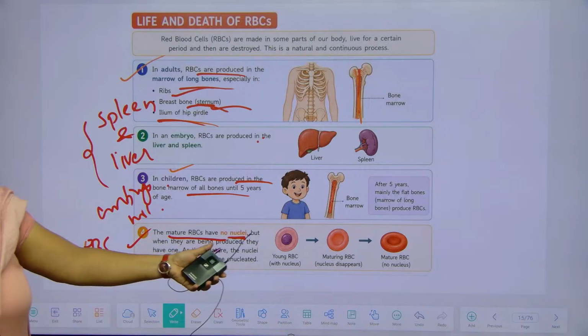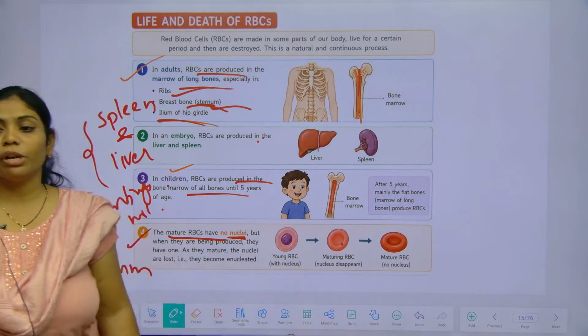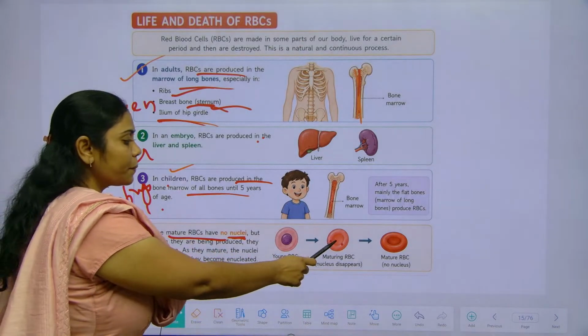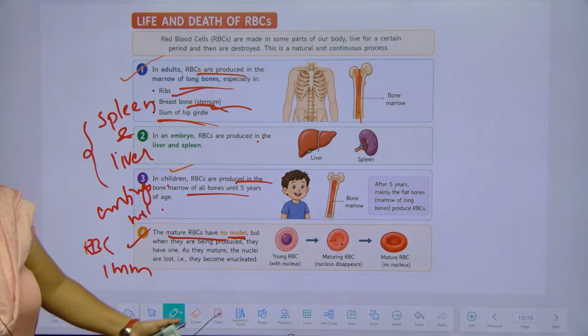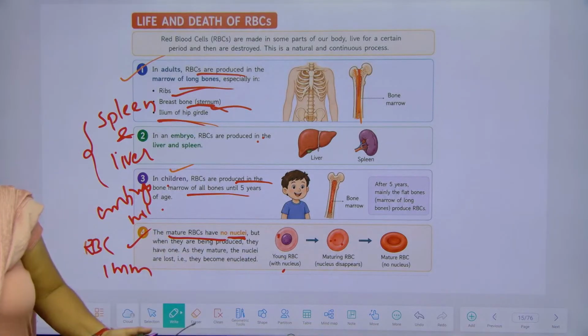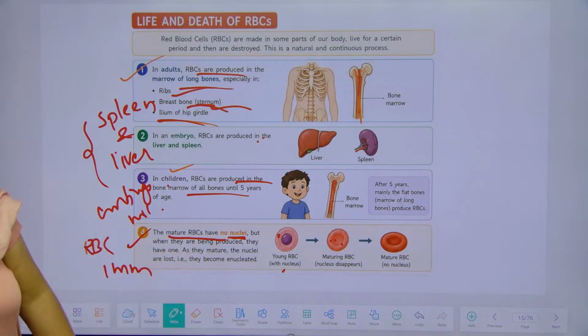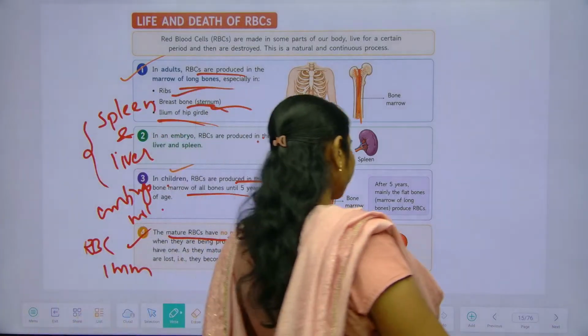So mature RBCs do not contain a nucleus, but the young RBC has a nucleus. Okay.